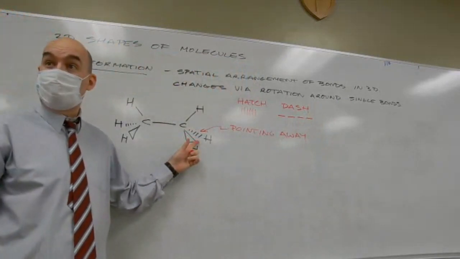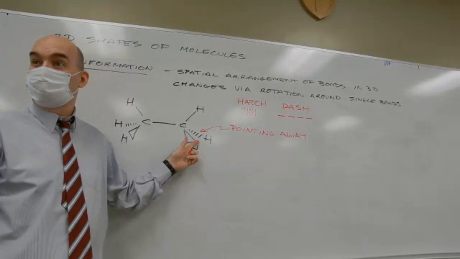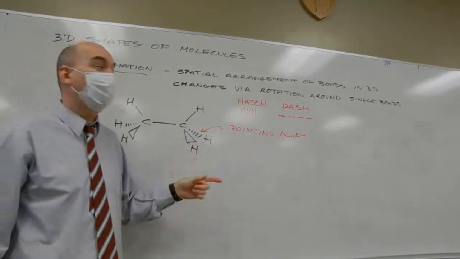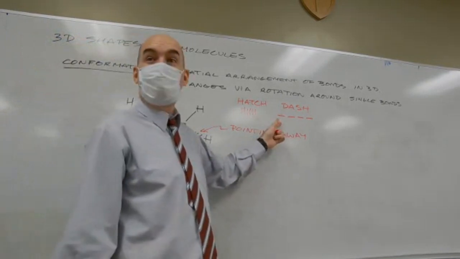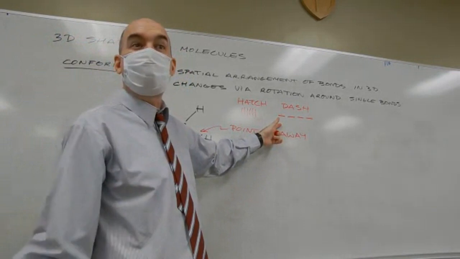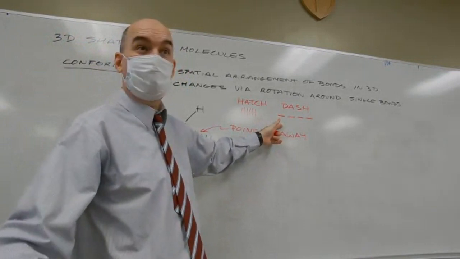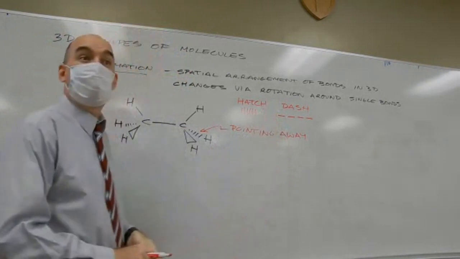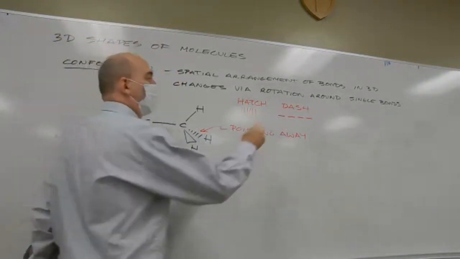This is not a dashed line. It is a hatched line. If you ever see a chemical bond that is drawn as a dash, that means that that bond is either just about to break or it's just about to be made. That's a bond that's not quite there.